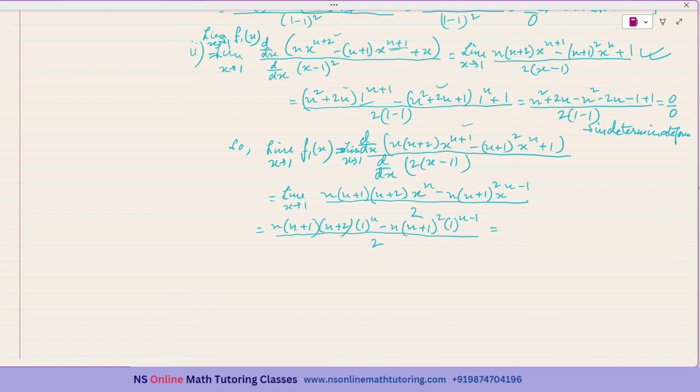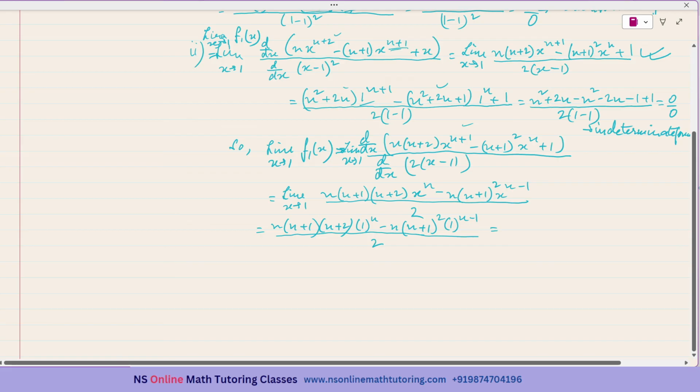They don't contribute anything. I can take n plus 1 common from these two terms. So n plus 1, and this is n times n plus 2, which is n square plus 2n. Okay.